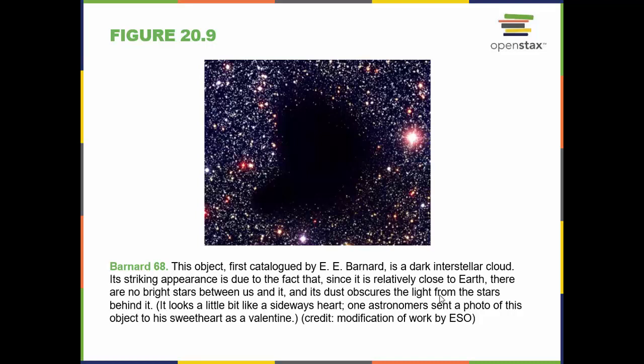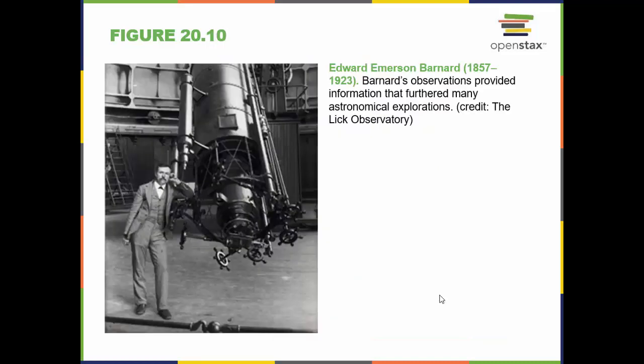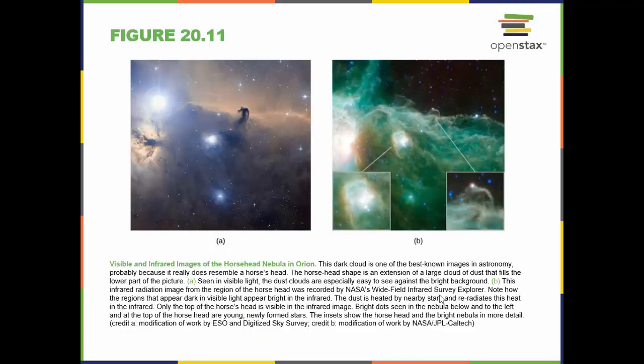So what we're seeing is actually what we can't see, right? It's a dark cloud that is so thick that it obscures all the light that's reaching Earth. So Barnard's observations provided information that furthered many astronomical observations.